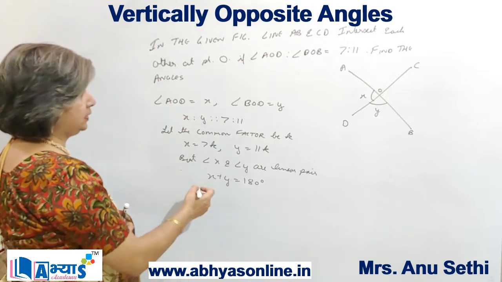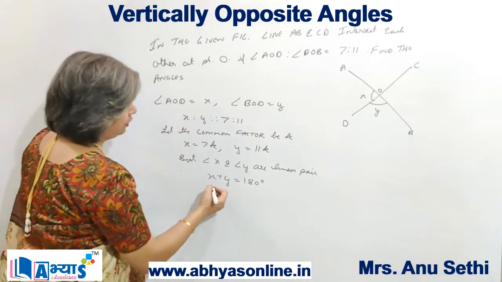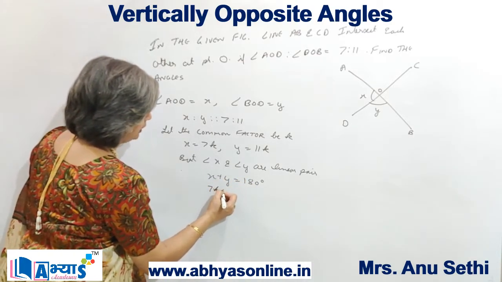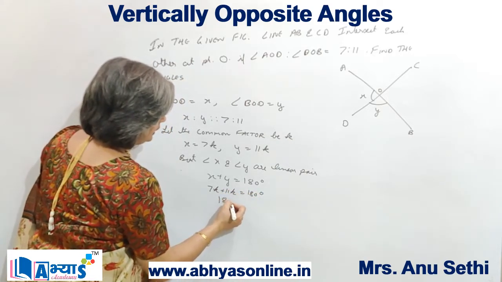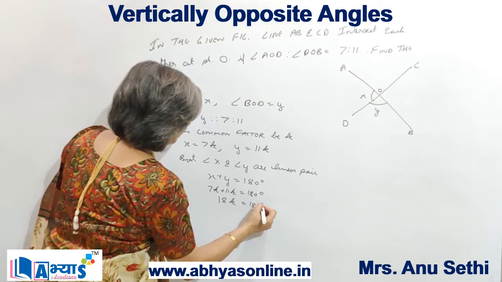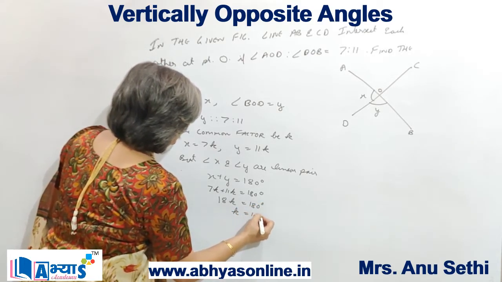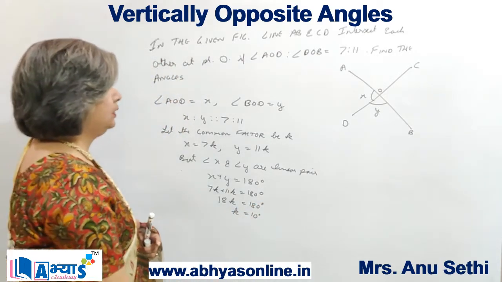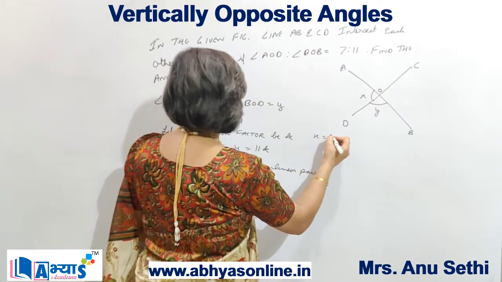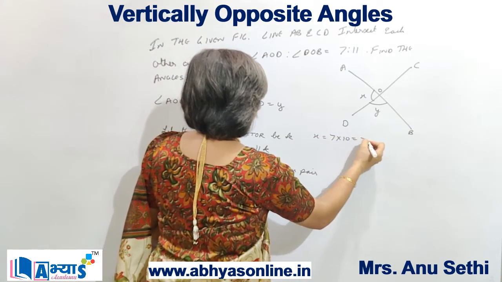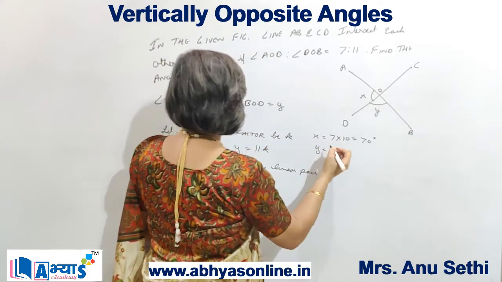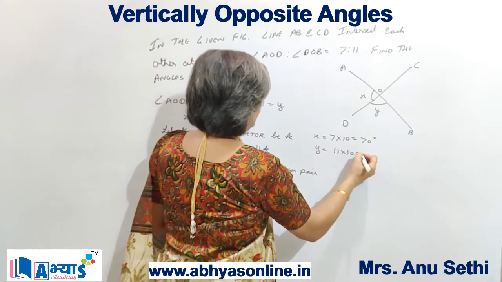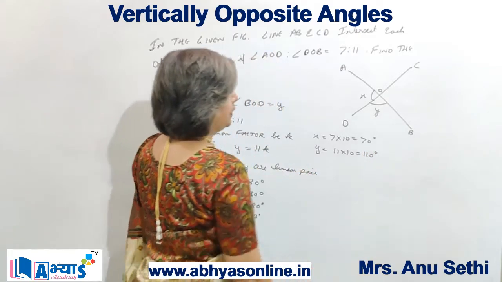So 7k plus 11k is equal to 180 degrees, or 18k is equal to 180 degrees, so k is equal to 10 degrees. Now when k is 10, x will be equal to 7 into 10, that means 70, and y is equal to 11 into 10, that is 110 degrees.